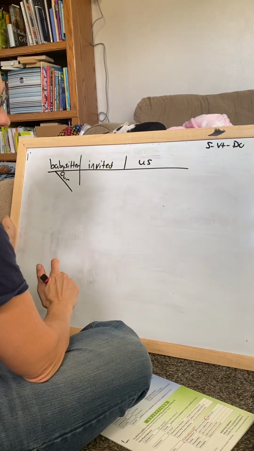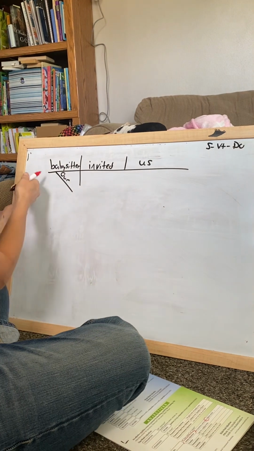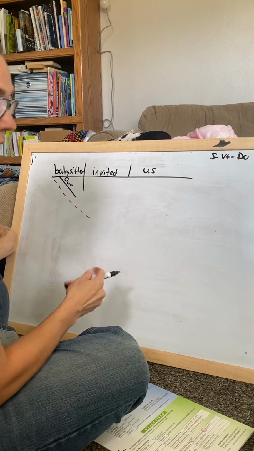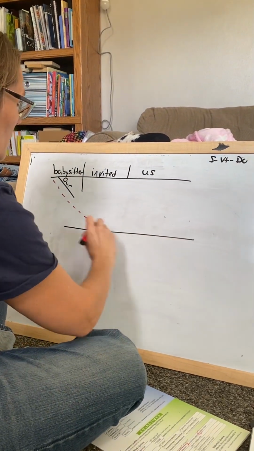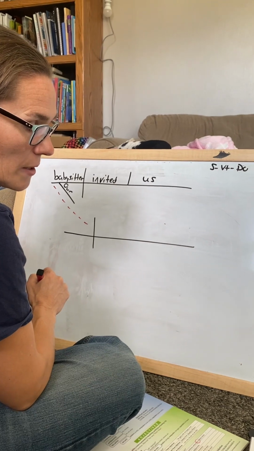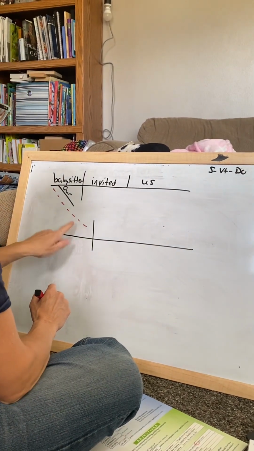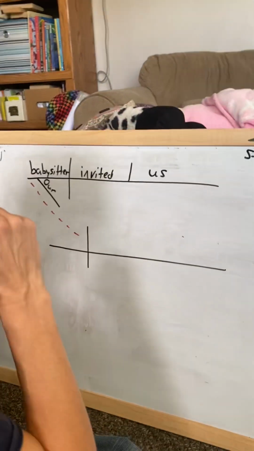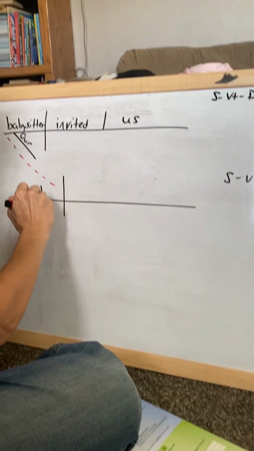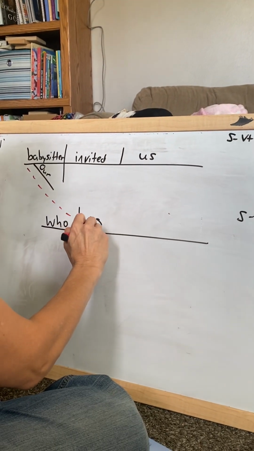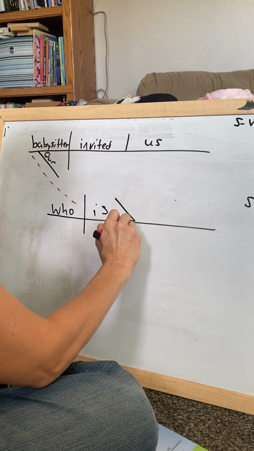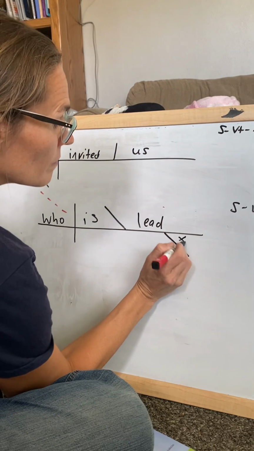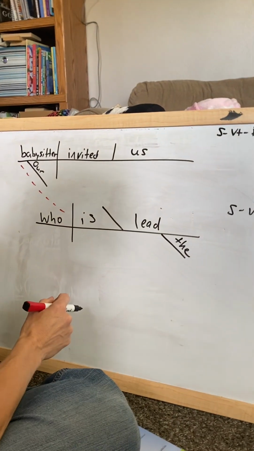Who is modifying babysitter. So my line is going to go like this. I'm going to set up my clause here. Who is the lead. And remember, we said it's a SVLPN. So we said who is, slanted line, the lead.